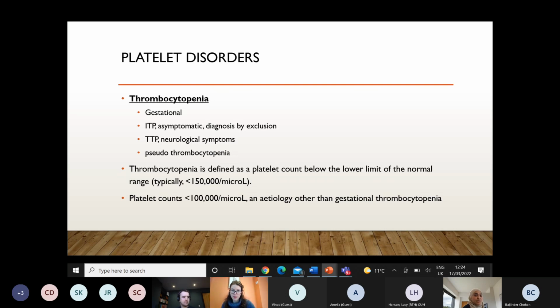But in those situations, you will have other abnormalities rather than isolated thrombocytopenia, so we have to be mindful. You have to take a good history, and some drugs can cause thrombocytopenia. So there's a whole list of things to look for and exclude before we say that it is either gestational or ITP. And it is very difficult to tell the difference between the two the first time we see low platelets in pregnancy.